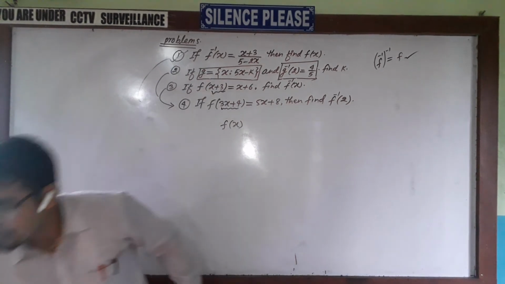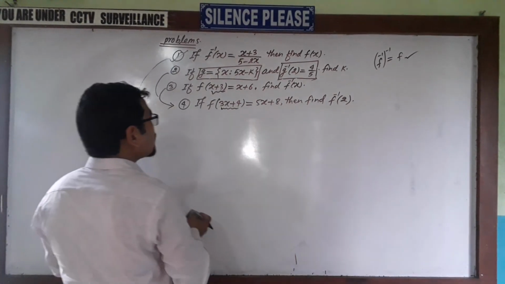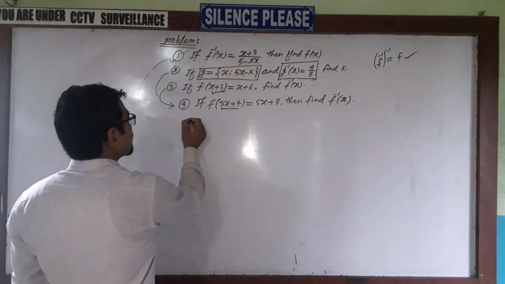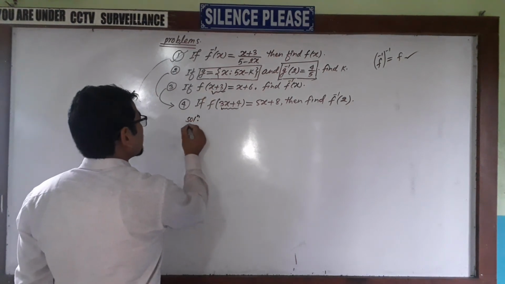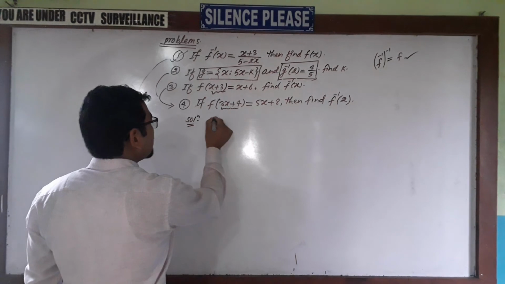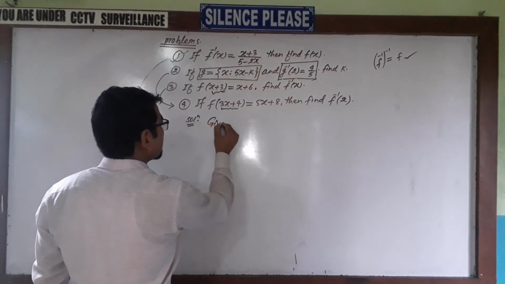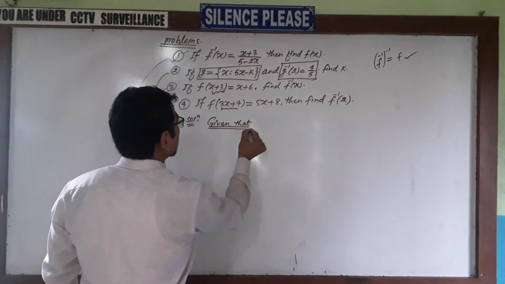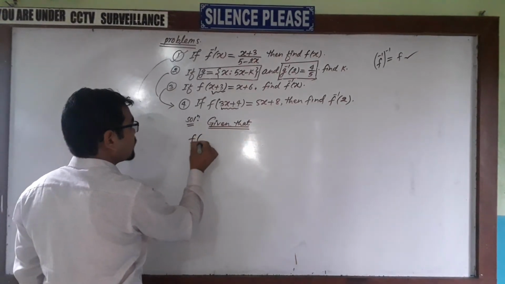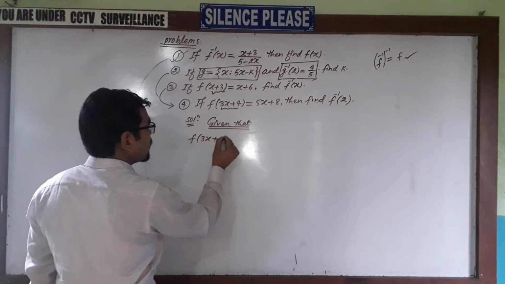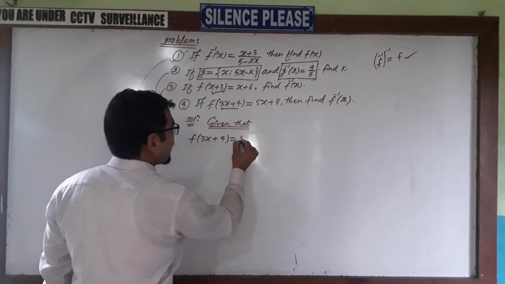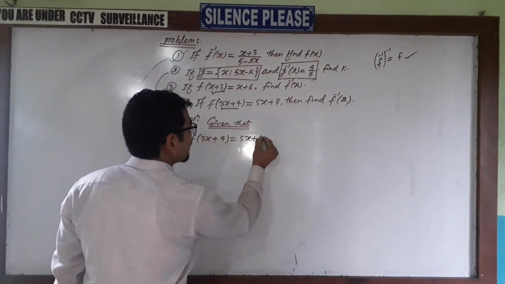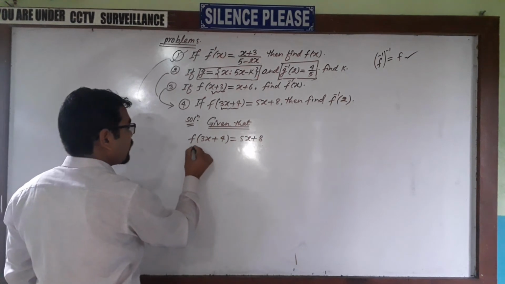So let's do the solution in the same way as number 3. Here it is given that function f of 3x plus 4 is equal to 5x plus 8, and we have to find f inverse 2.